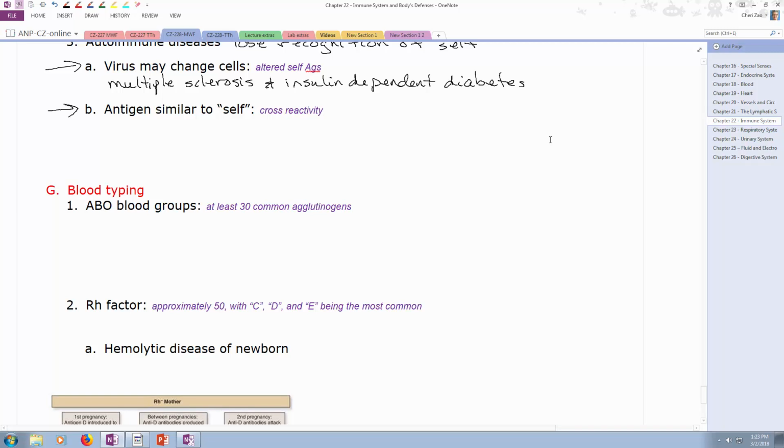Antigens similar to self are confusing our immune system cells, and so we can say this is cross-reactivity, but this is what happens when people get rheumatic fever.